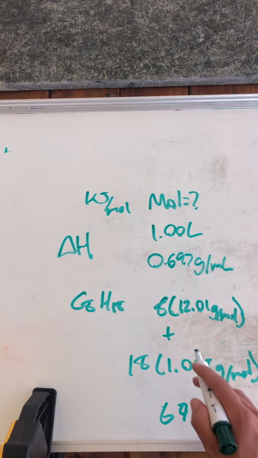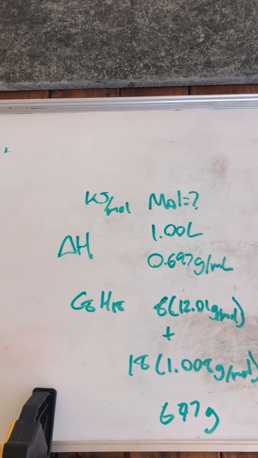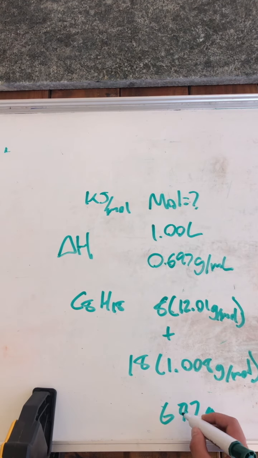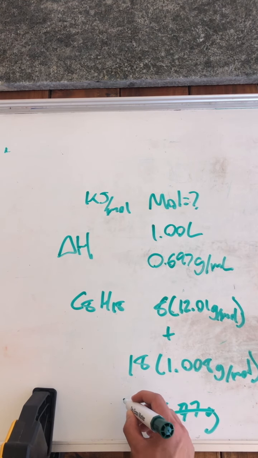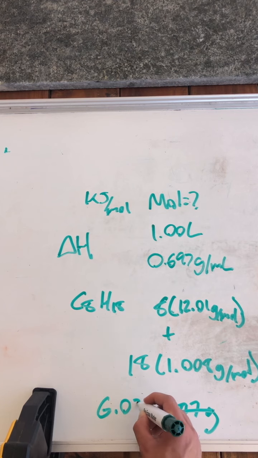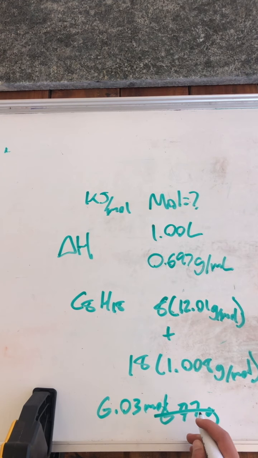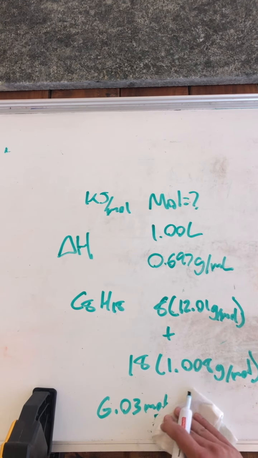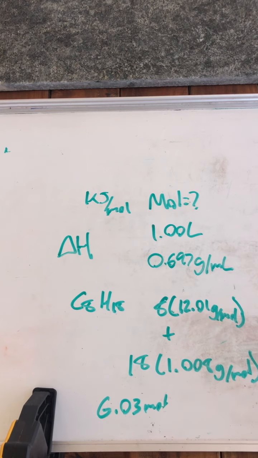All right, solving that all out, we should get an amount of moles, and it should be around 6.03 moles. If you're working this out on your own, you might get a little more or a little less. But so long as you have 6.0 moles, you should be good.